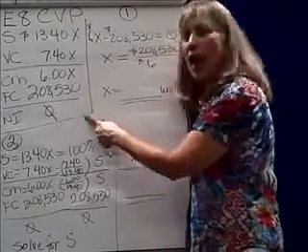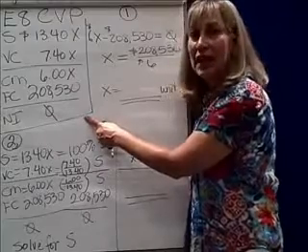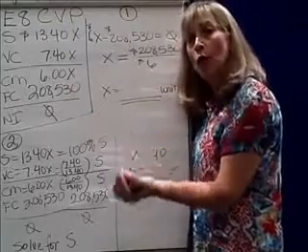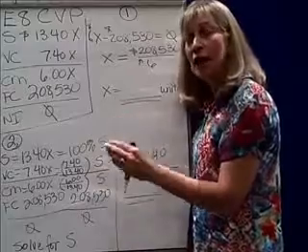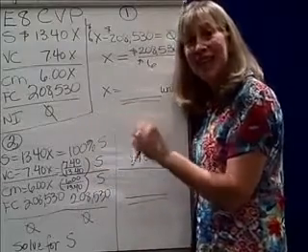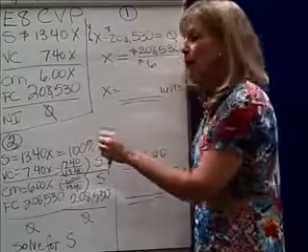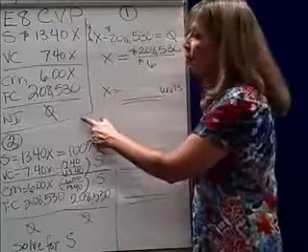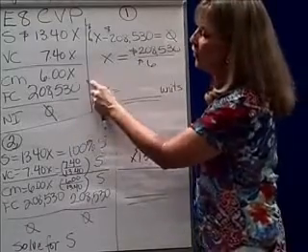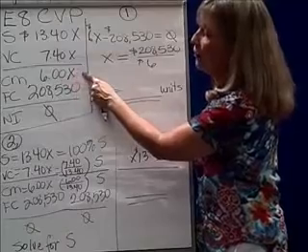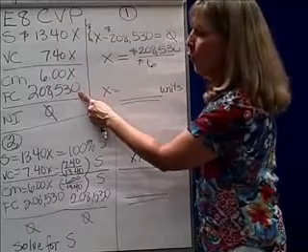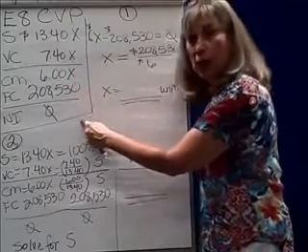Now, if I assume that net income is equal to 0, which is what requirement 1 says, find the number of units you need to sell in order to break even. Net income 0. So let's see what we do. Well, does it make sense that 6 times x minus 208,530 will equal 0?